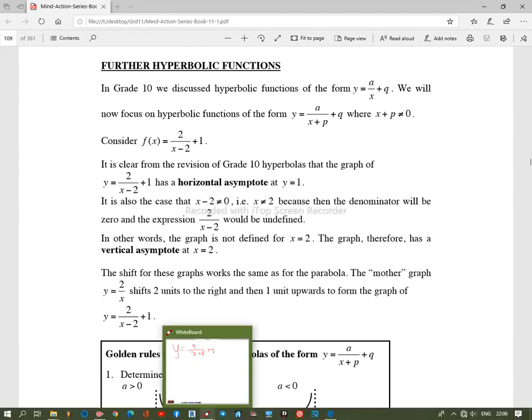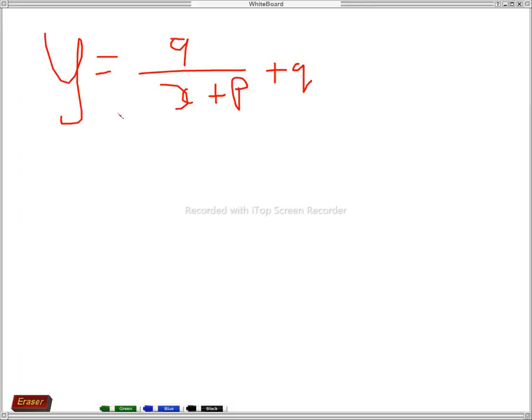The general equation for grade 11 is y equals a over x plus p, plus q. In this function we are going to have two asymptotes, one for x as well as one for y.